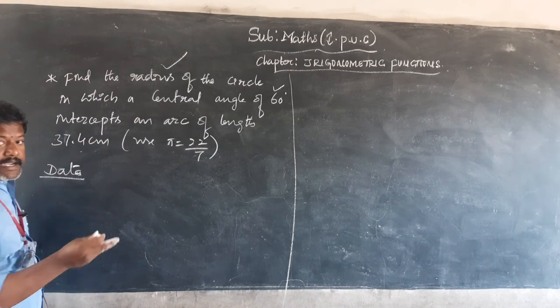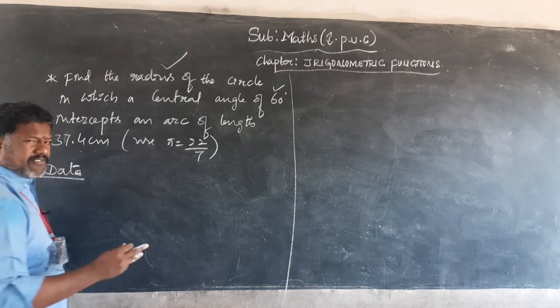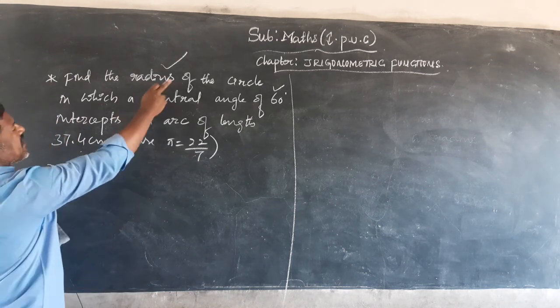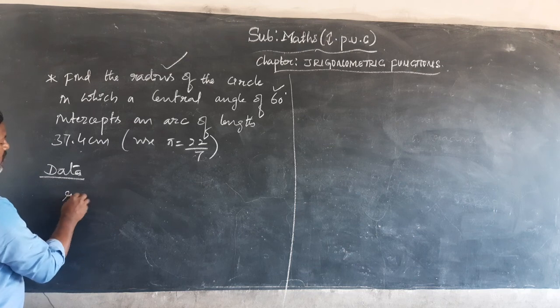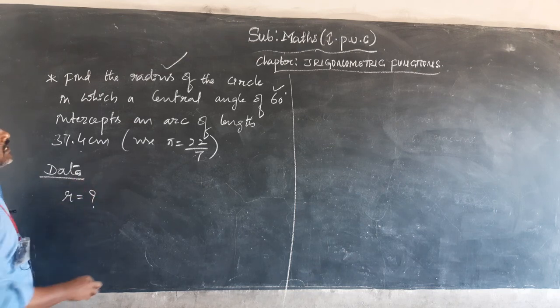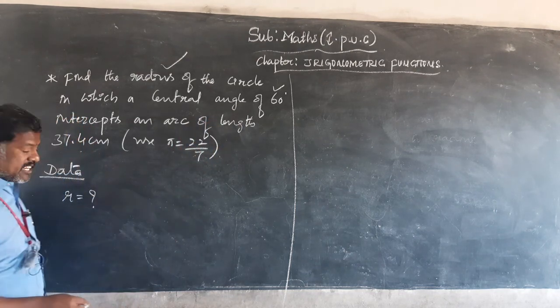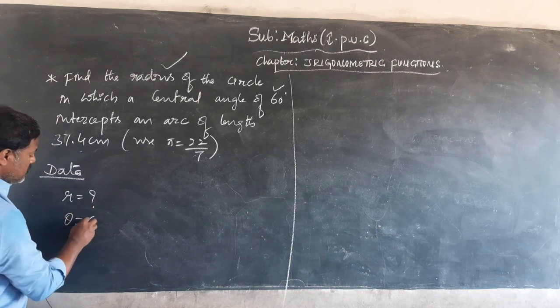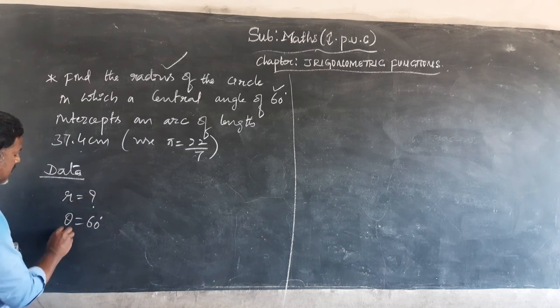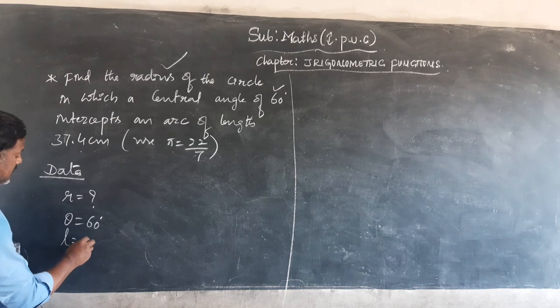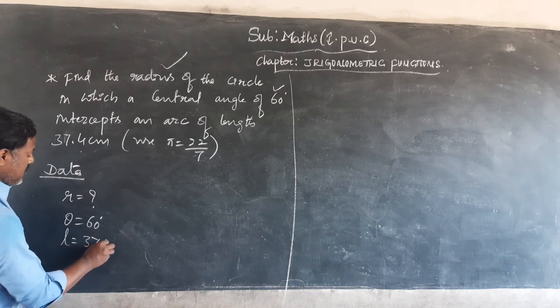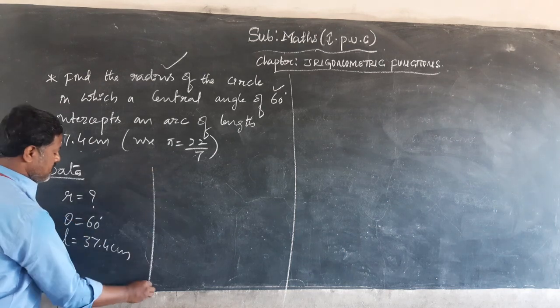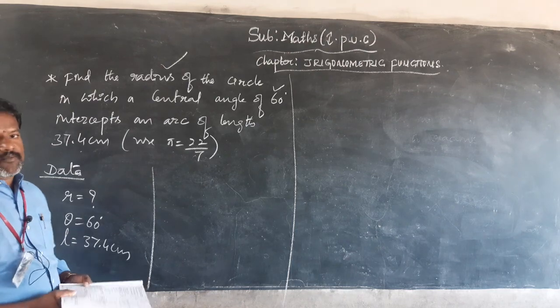Okay, let us write down the given data, children. Find the radius of the circle, that is r is equals to question mark. Central angle of 60 degree, that is theta is equals to 60 degree, and also they are given us arc length, that is 37.4 centimeter.